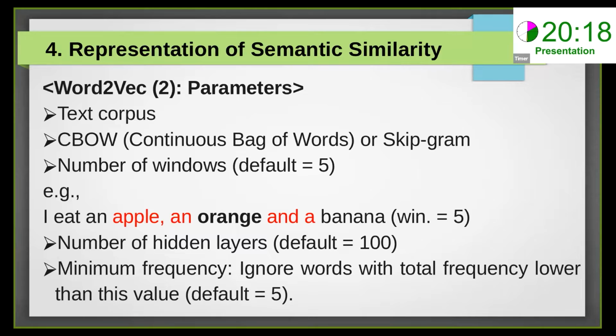In the first place, I need a text corpus as a training corpus. And the second important parameter is a choice as an option between continuous bag of words and a skipgram.